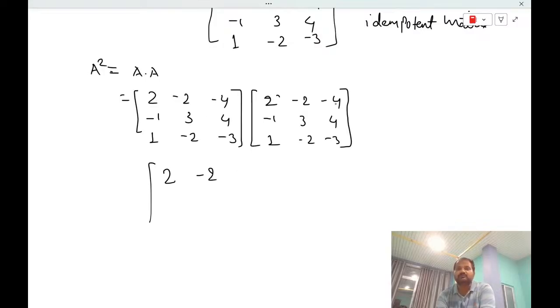Now 2 into -4 is -8, -2 into 4 is -8, -4 into -3 is plus 12, so -8 minus 8 is -16, plus 12 is -4. After multiplication, we get the same matrix: 2, -2, -4, -1, 3, 4, 1, -2, -3.